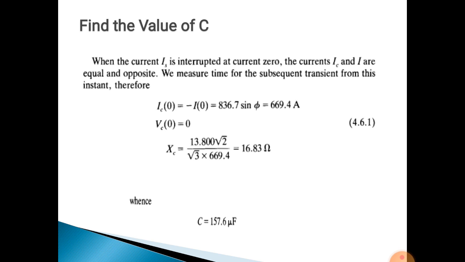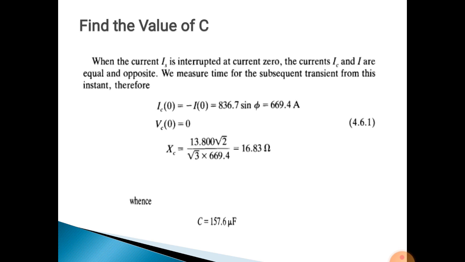And next VC of 0 is equal to 0. That means the post interruption transient can be computed from the circuit with the initial condition VC of 0 equal to 0. And next we have to find the value of capacitance from the equation XC equal to 1 by 2 pi FC.